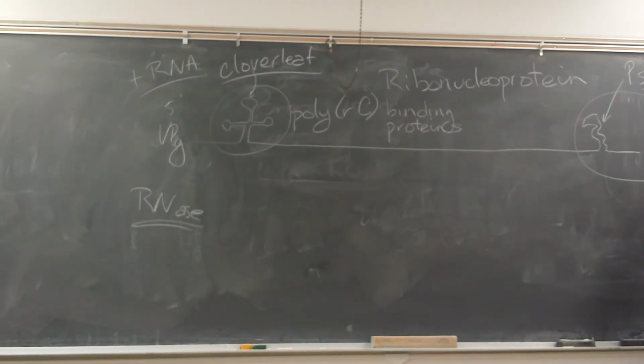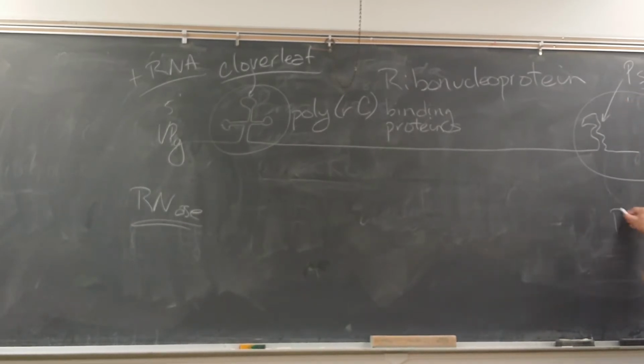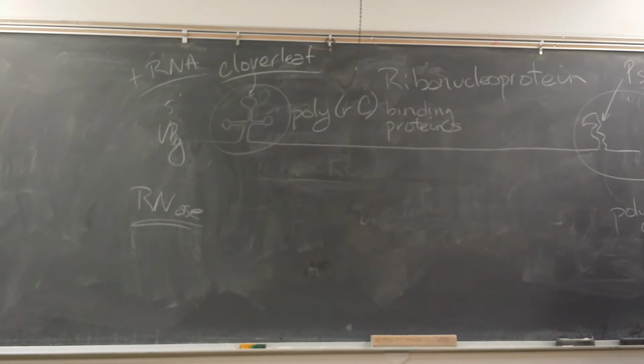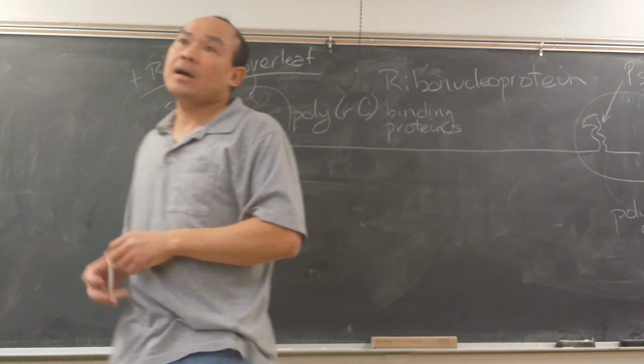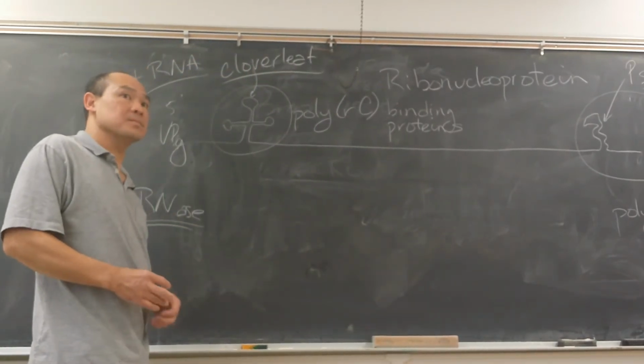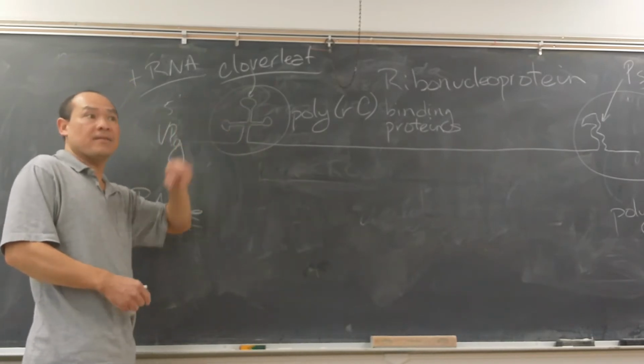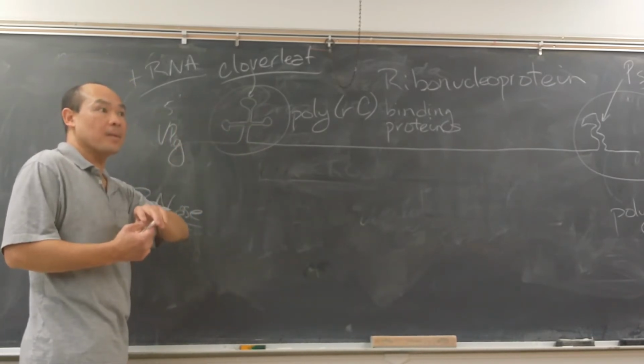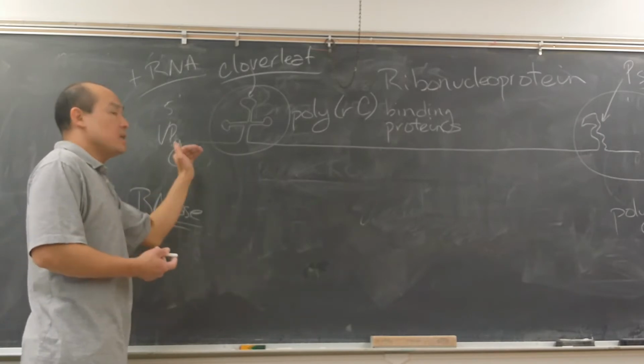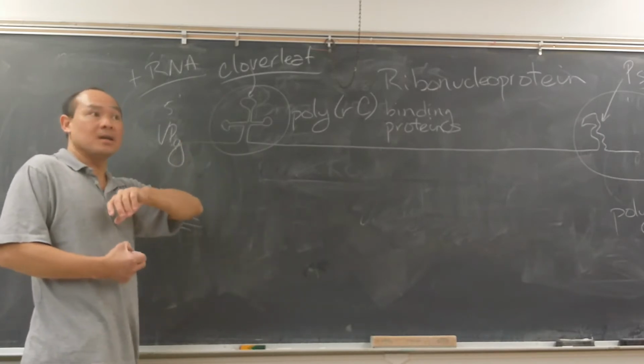To the poly A tail and somewhat the pseudoknot, you have the poly A binding protein. So you have that going on. All right, and then translation occurs.